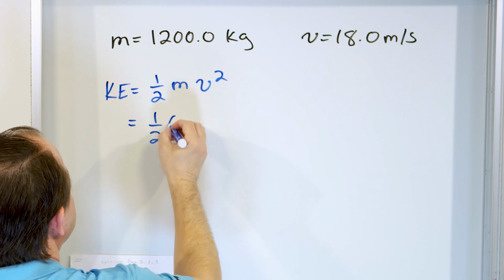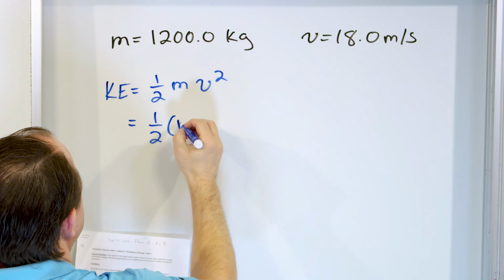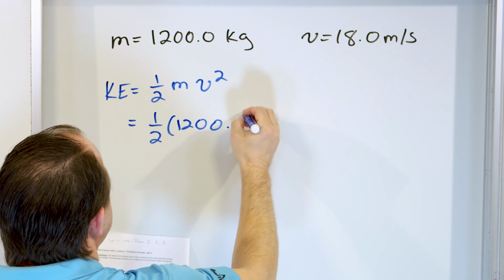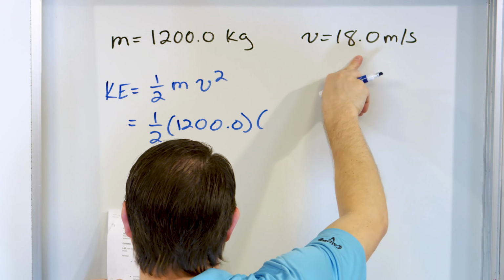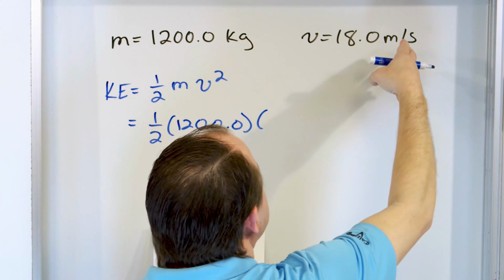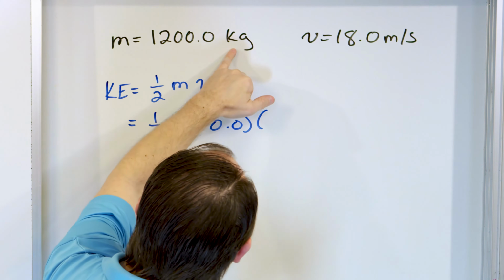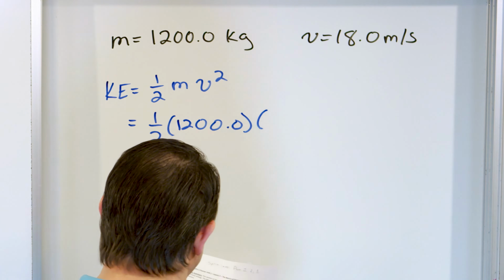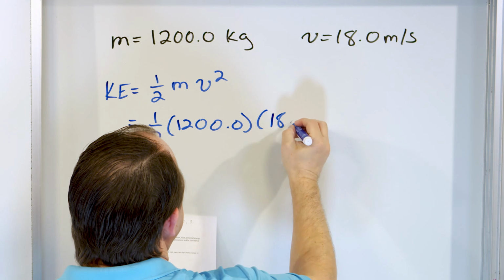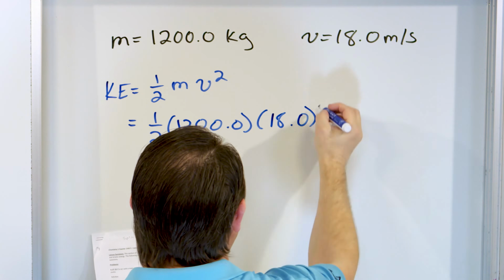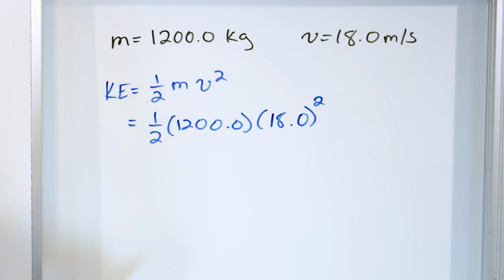Which is 1/2 times the mass of 1,200. And then we have the velocity, which is 18 meters per second. If you were not given the velocity in meters per second, you would have to convert it to meters per second. If you were not given the mass in kilograms, you would have to convert it to kilograms. But here everything is already given to us like this. We just times 18 and it's got to be squared, 1/2 mv squared, right?